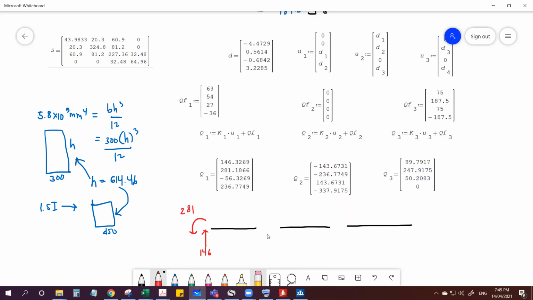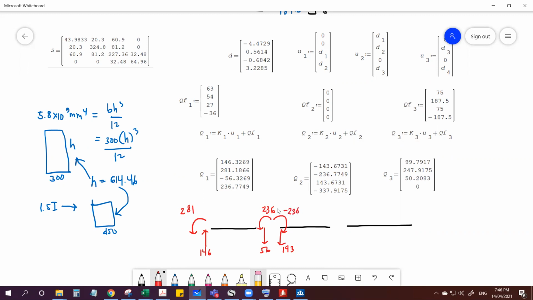Here I have negative 56 and a moment of 236. For member 2, I have negative 143 and a moment of negative 236. So as you see, negative 236.